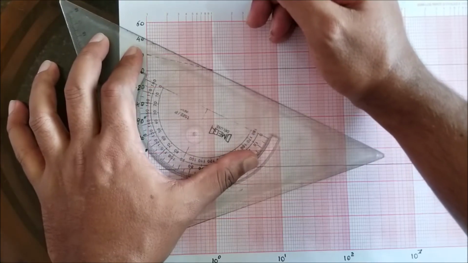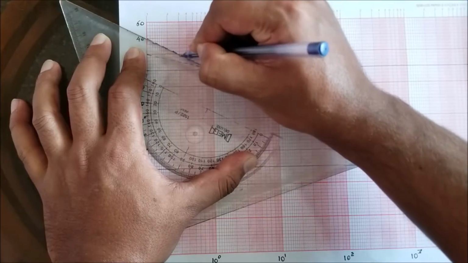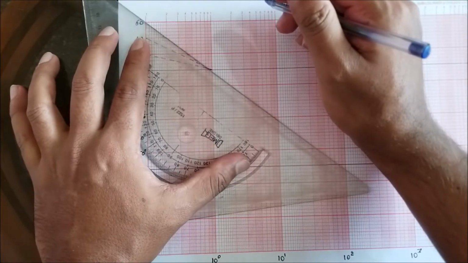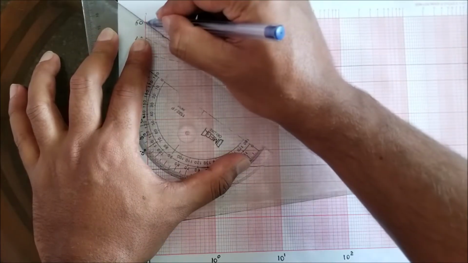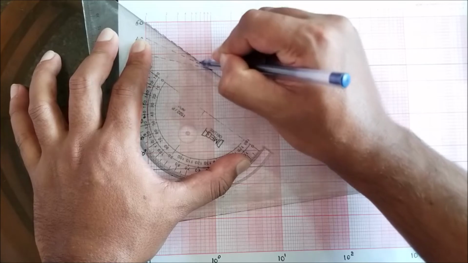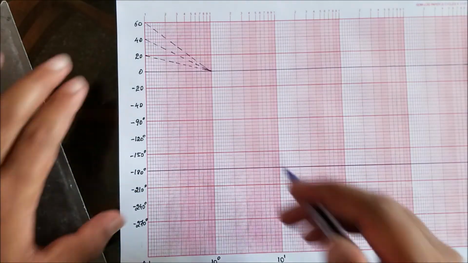That is minus 20 generated, next is minus 40, done, and next is minus 60. Done. So these are what?